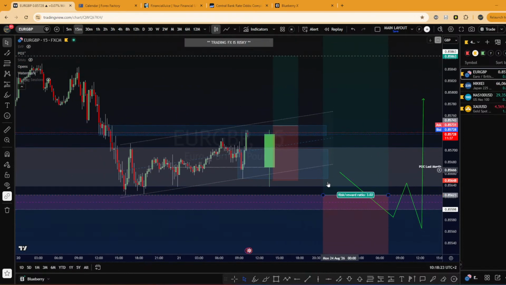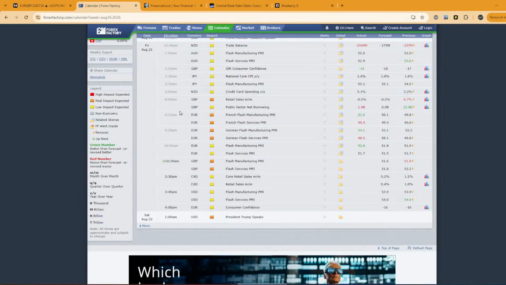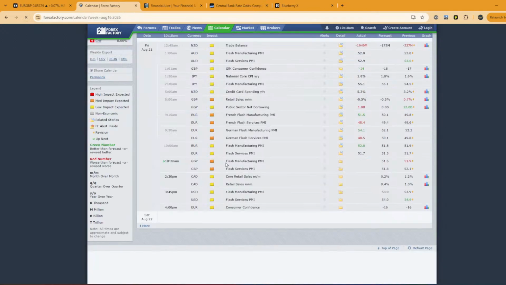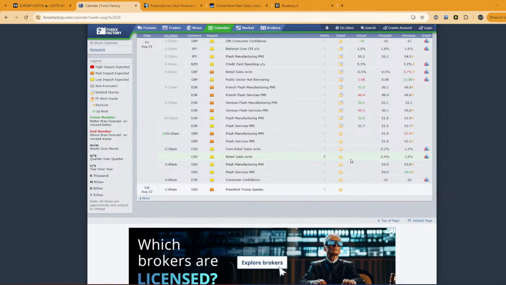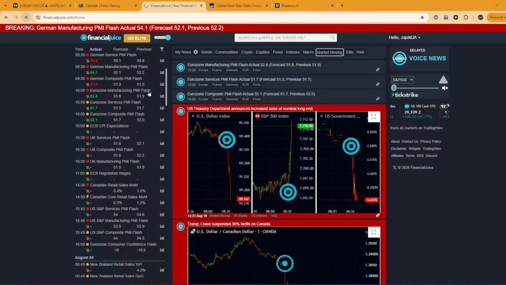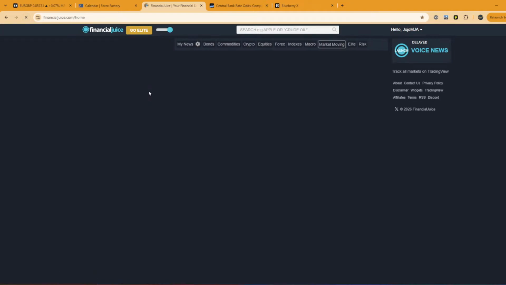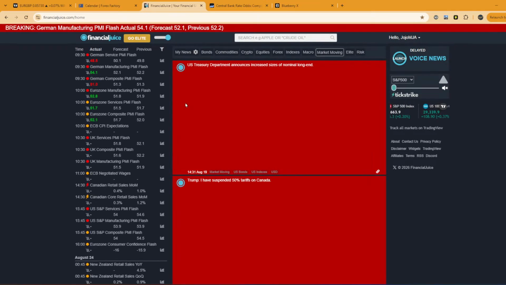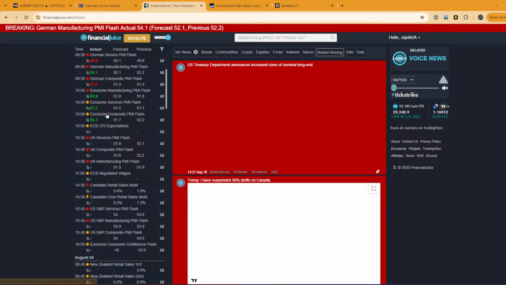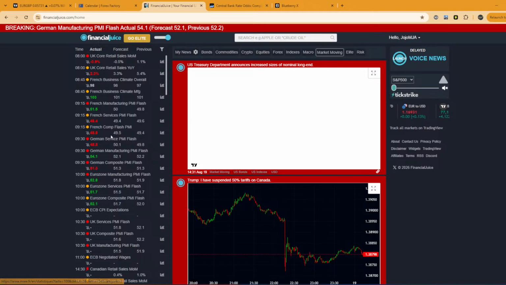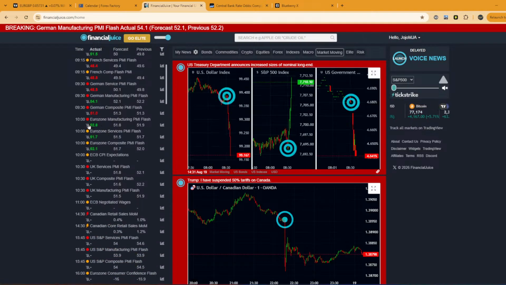Ooh, very interesting. Do we have a countdown? Nope, we don't have a countdown yet. So we have great data on Eurozone for the PMI.